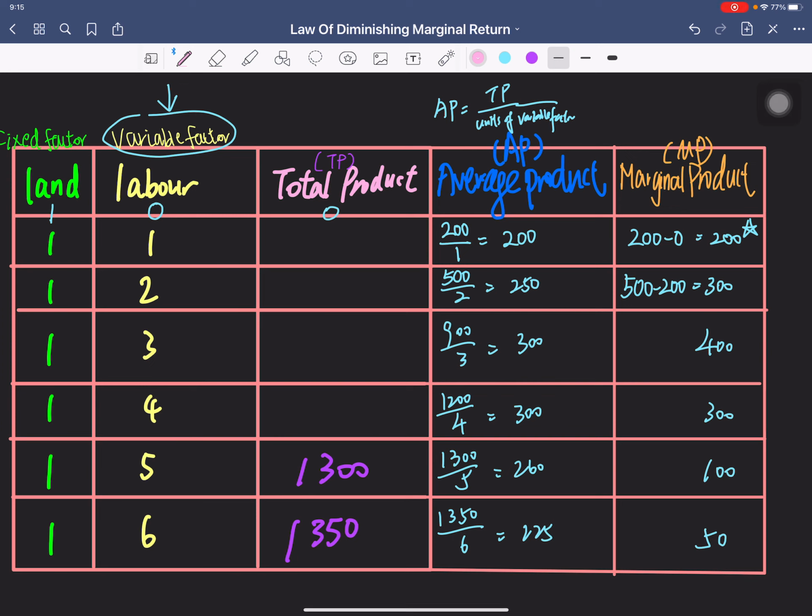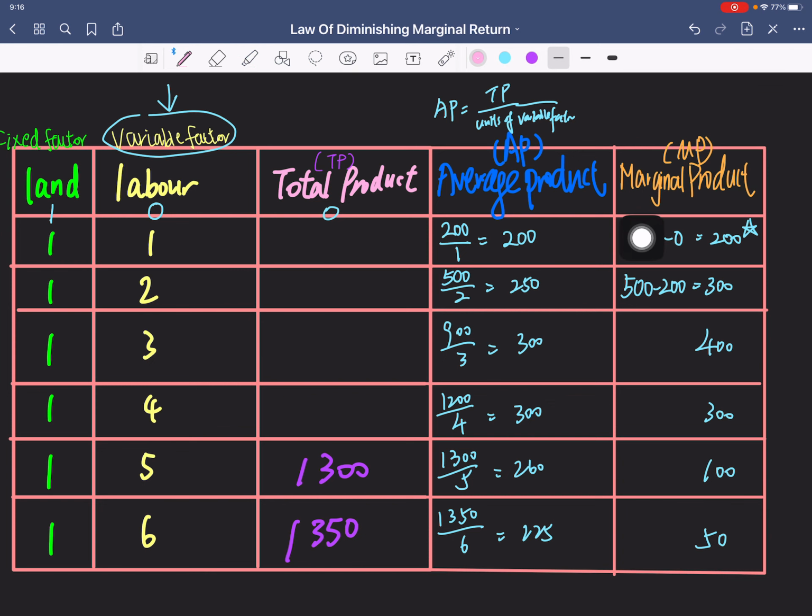Then how can we use our average product or the marginal product to find out? You already know how we can make good use of the data of the average product to get our total product back. So can we use the marginal product to get it back? Yes, it is possible. Let's take a look here.